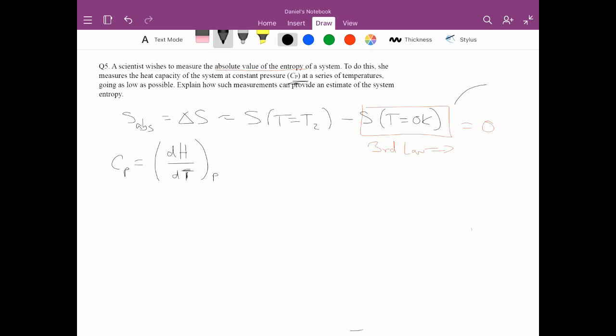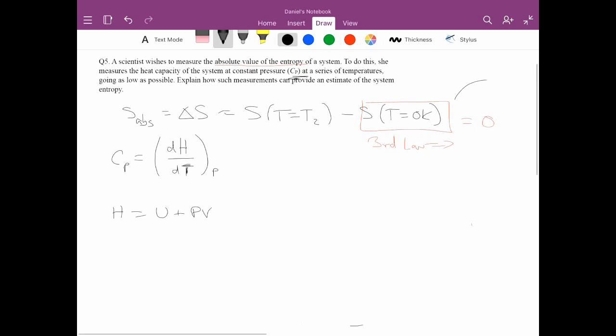And let's take a look at our definition of enthalpy to see if we can somehow relate that to heat. So enthalpy equals the energy of a system, defined in all state variables, plus pressure of the system times its volume.